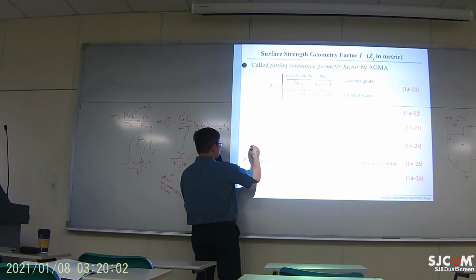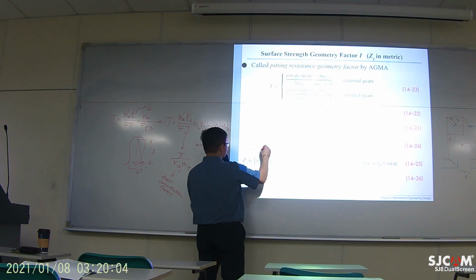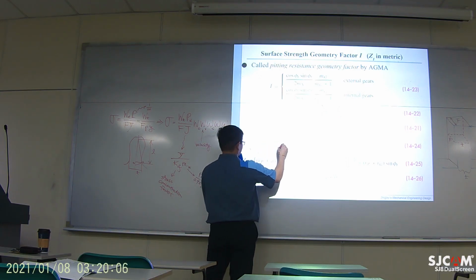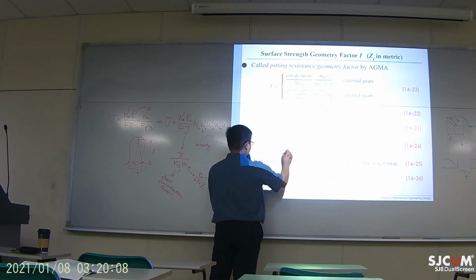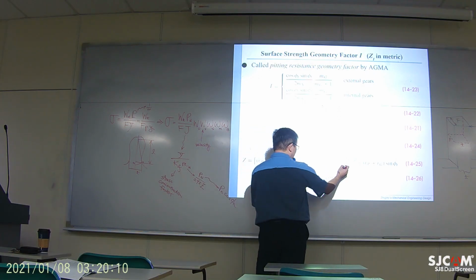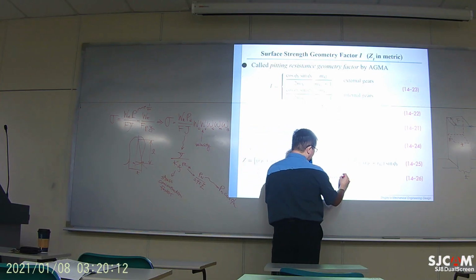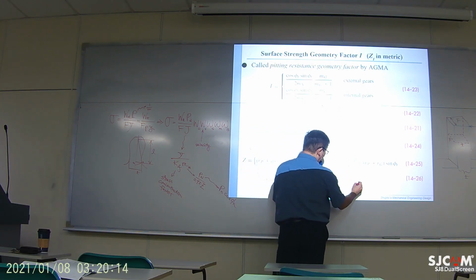This is basically the radius of pitch circle. Okay, and when you see RB, that's the radius of base circle.